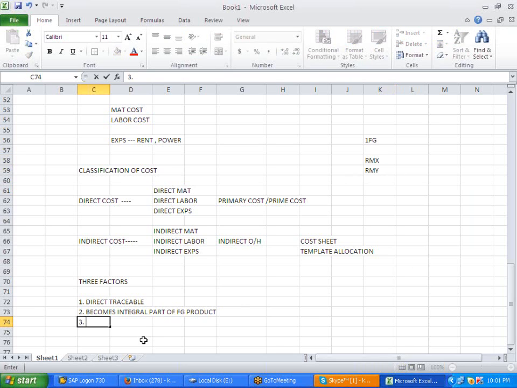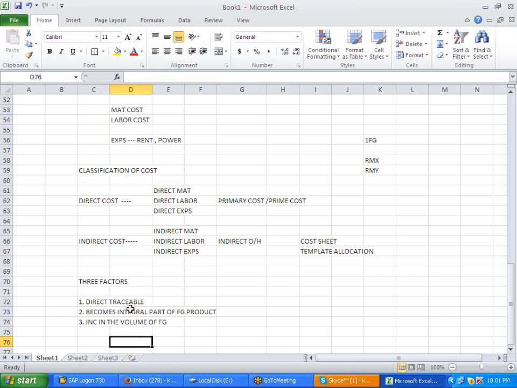Point number three, whatever direct cost is being applied, it should reflect in an increase in the volume of production. For example, in the finished product, whatever cost I'm applying, it increases the volume of that.